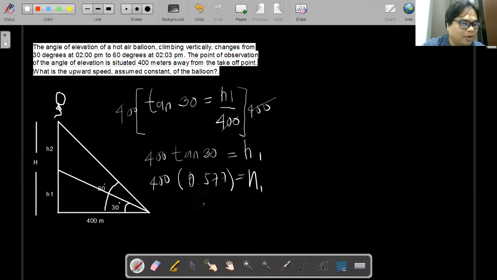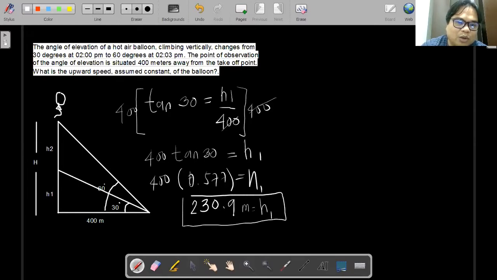So your h1 now becomes 230.9 meters. That's your h1. Okay, so we have now solved for h1, the first height.